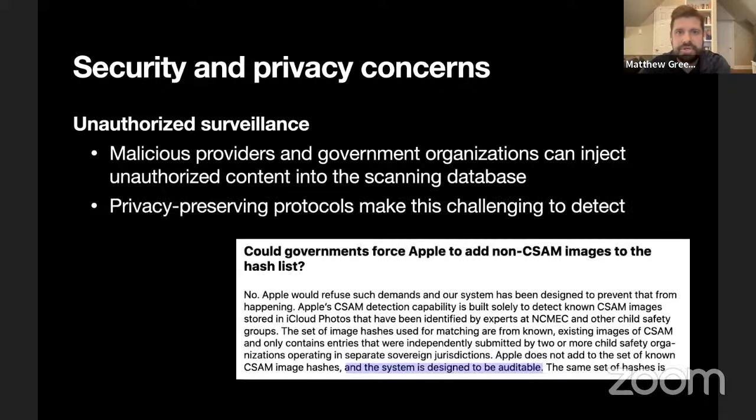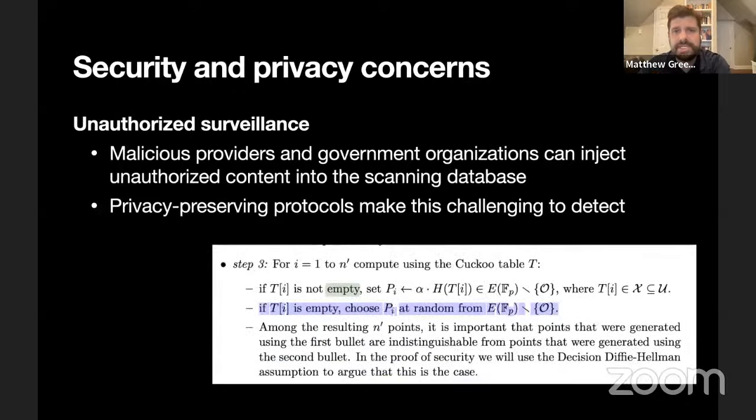And just to show you how difficult this is, let's take Apple as an example. Apple, in their literature, says the system is designed to be auditable, and that this is in their frequently asked questions. But when you dig into the published documents of the protocols that were put out by Apple, and you look at their actual systems, you see that there is no evidence in any of the actual cryptographic protocols or proofs that these auditability systems were built in.